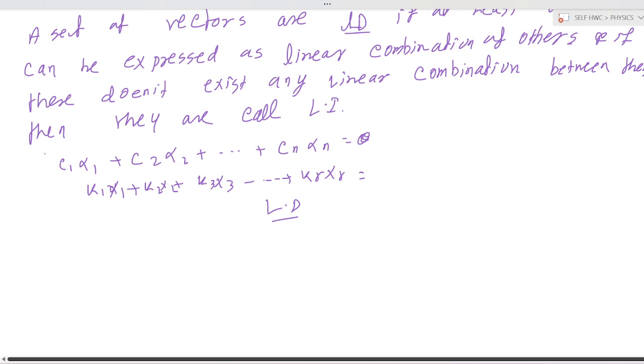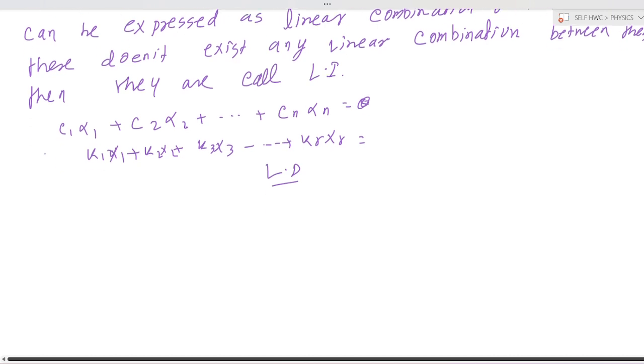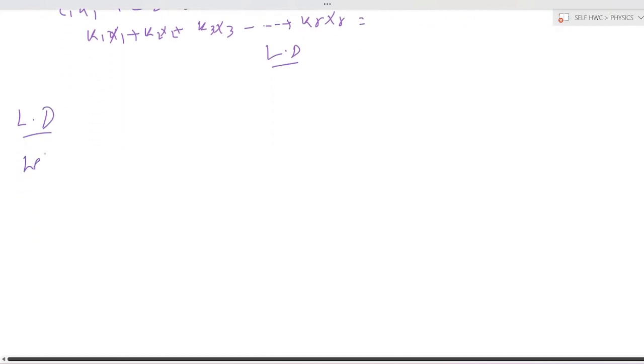Next is the formal definition; this is very important. Linear dependence, LD. Let V be a vector space.